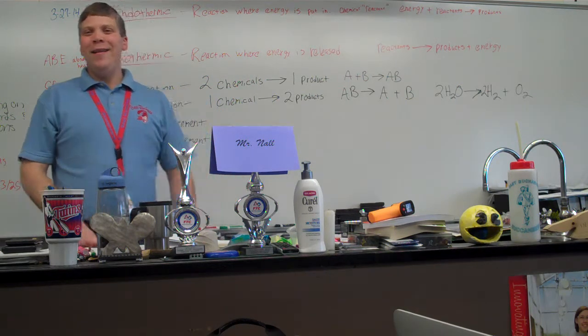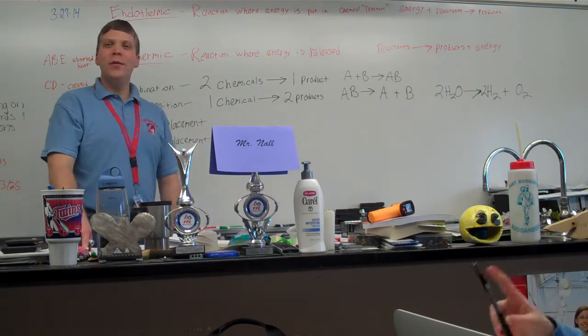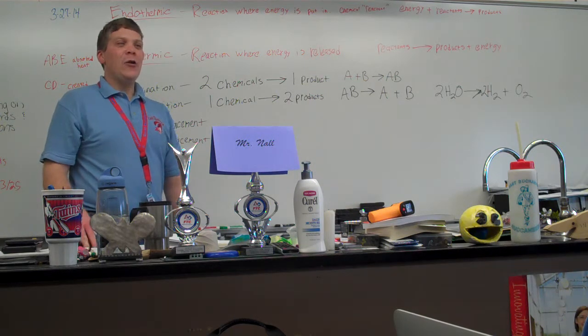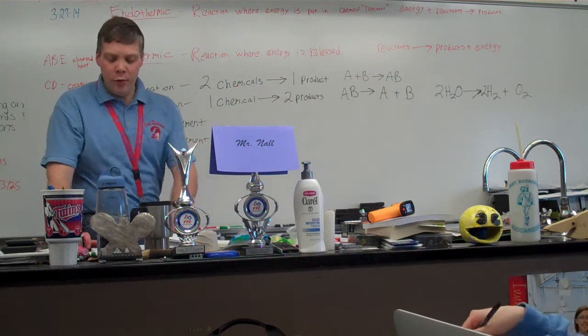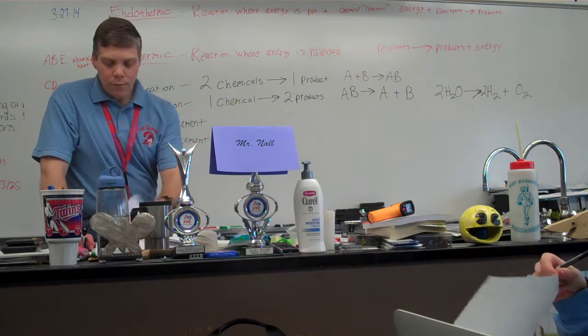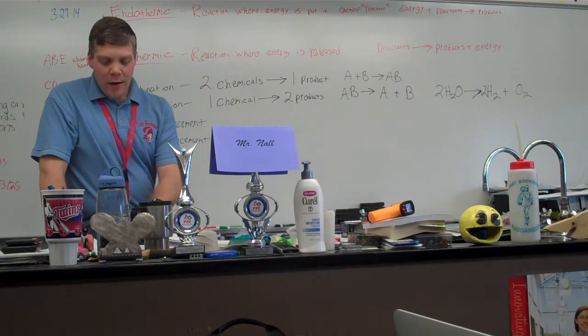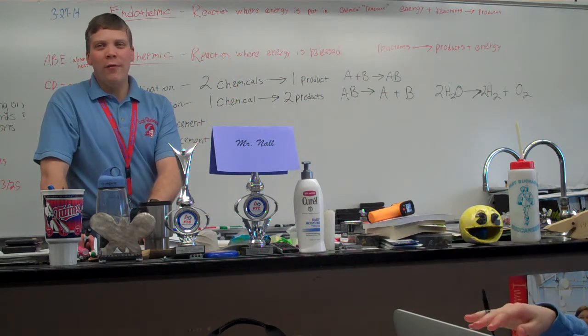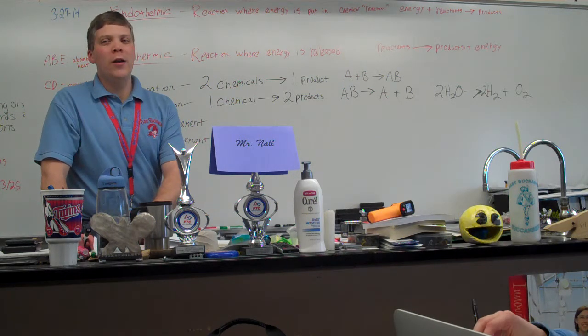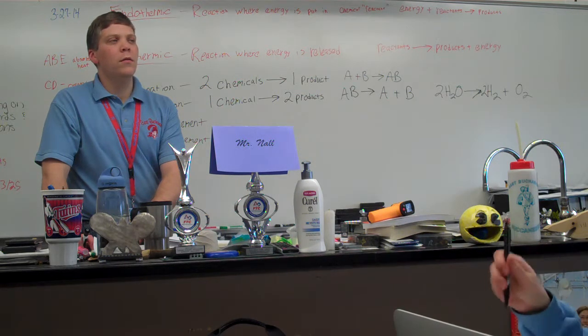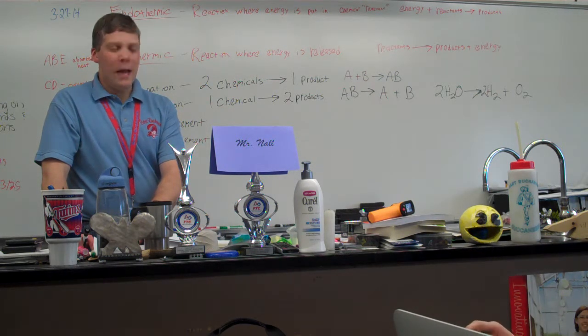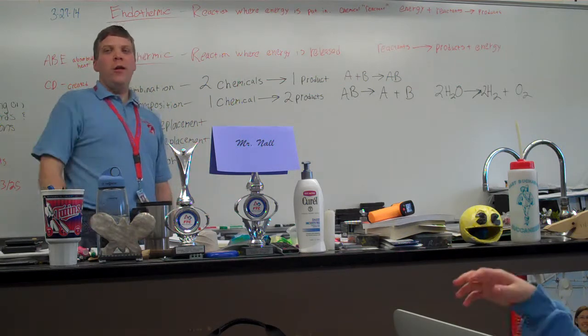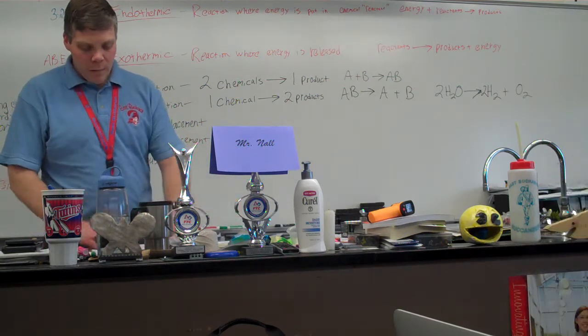Depends on how much they had in it and how hot they got it too. The more you have in it and the hotter you got it, the more CO2 gas you're going to produce. Okay, so that category B reaction, that first one, would that have been an example of exo or endothermic? Endothermic. You had to take your Bunsen burner and heat it up the whole time. Okay?